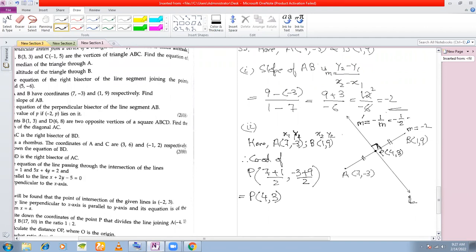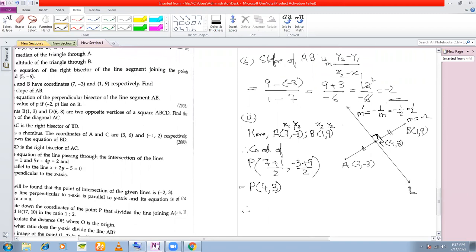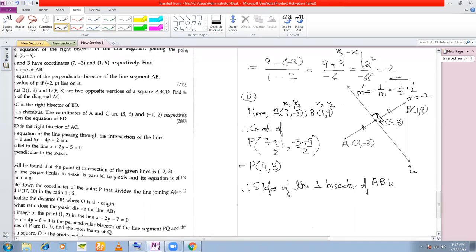Minus 1 by minus 2, which is half, right? Therefore, the slope of the perpendicular bisector of AB, M dashed, is the negative reciprocal of the slope of the line AB, which is minus 1 by minus 2, which is half, right? So we've got the slope as half.